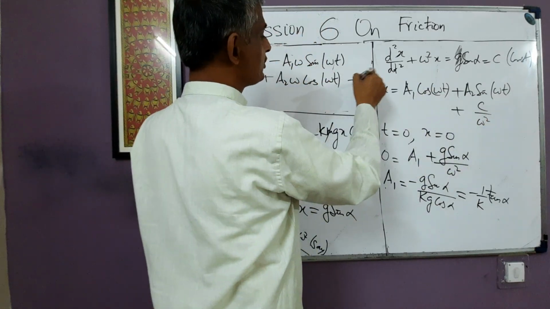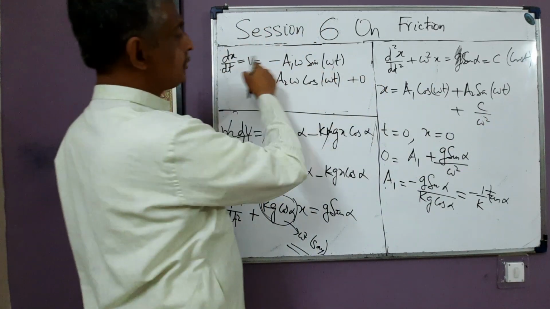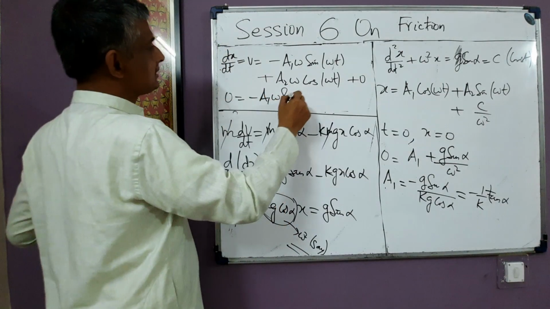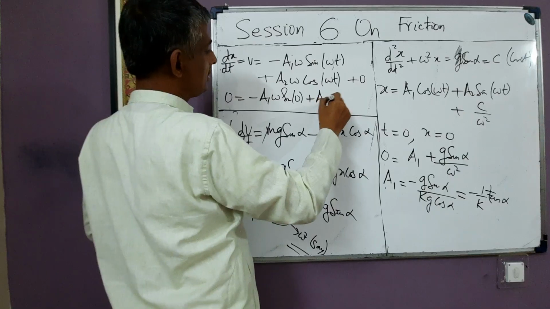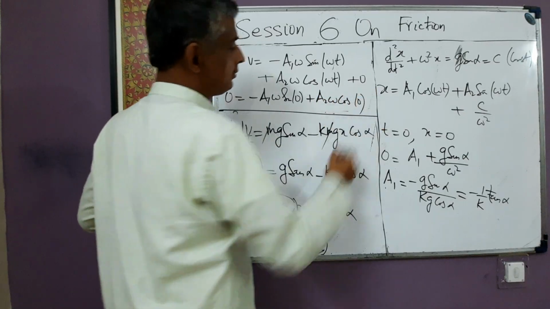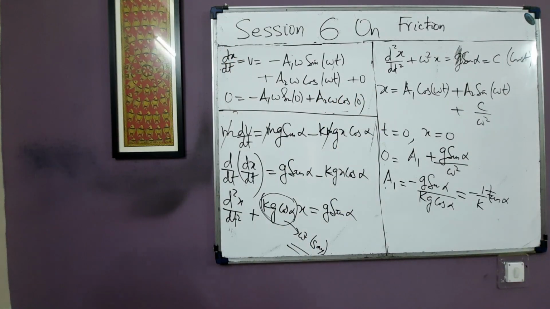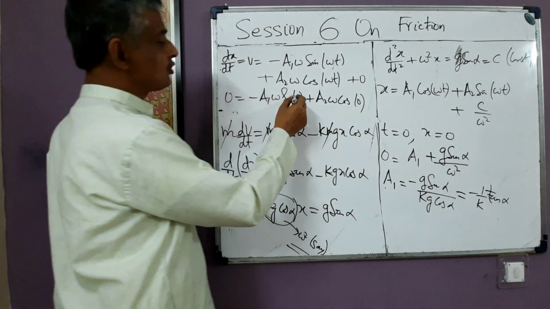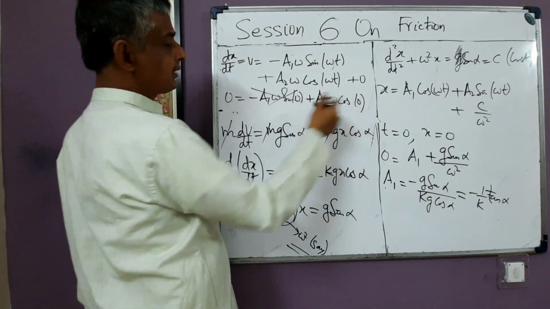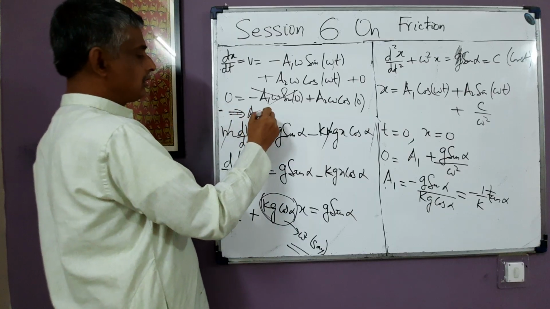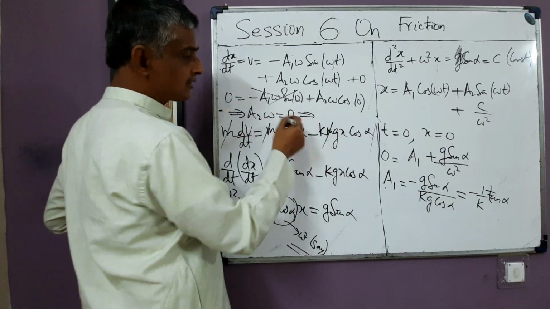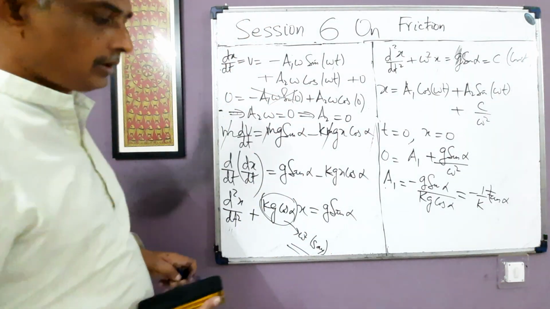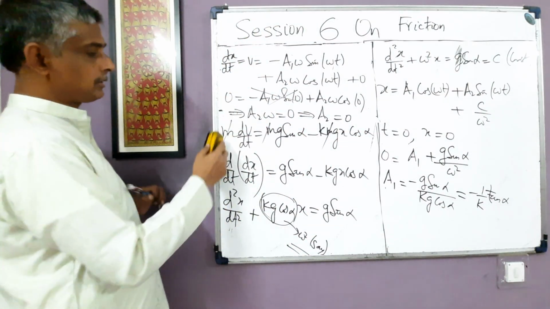The derivative of the constant becomes 0. At time t equals 0, velocity v is 0. So minus a1 omega sin 0 plus a2 omega cos 0. Now cos 0 becomes 1 and sin 0 becomes 0, so this term goes away. What do we get? a2 omega is 0, but omega is non-zero. So a2 becomes 0. Alright, fine.